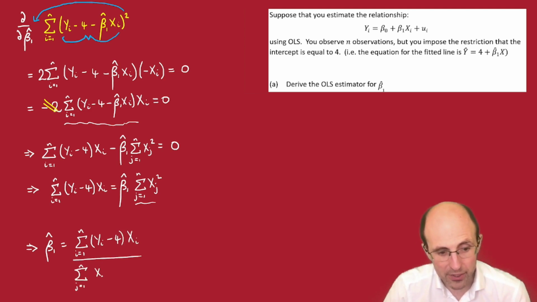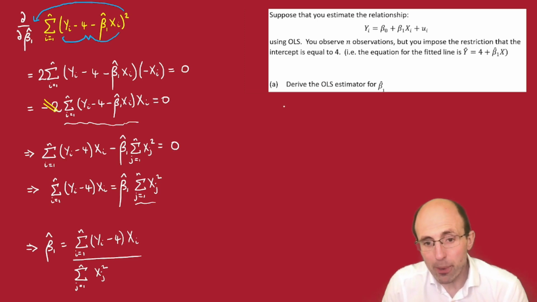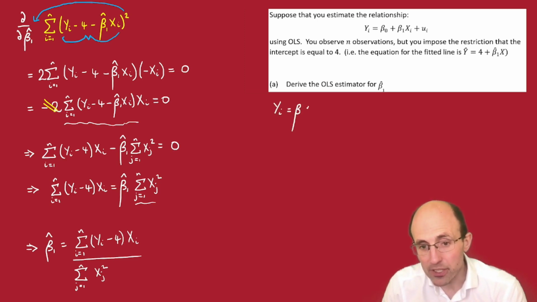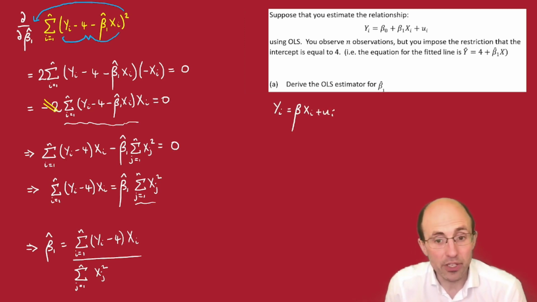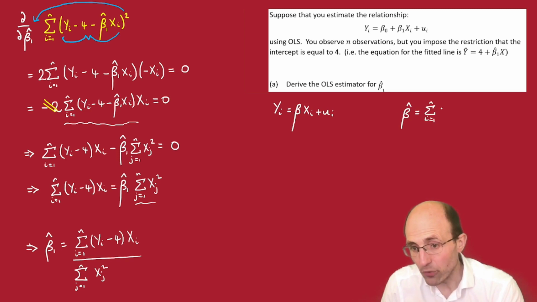Now this might look familiar to you in that, if you remember, when we estimated the relationship yi is equal to beta xi plus ui, in other words, we imposed that the intercept was equal to 0, we had that our estimator beta hat was equal to the sum of the yi xi over the sum of the x squared.